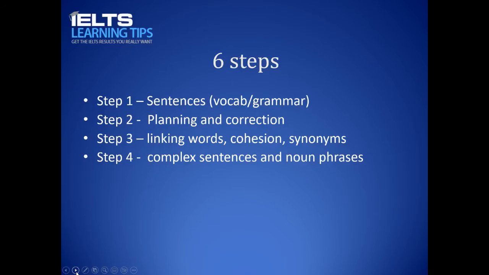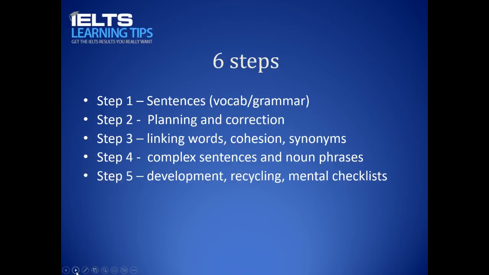Okay, then we can move on to more complex writing. Have you got lots of complex sentences? Are you using noun phrases? So if you're around 6.5 and you want a safe 7, you need to probably start around step 4. And then step 5, things that are working, you recycle.